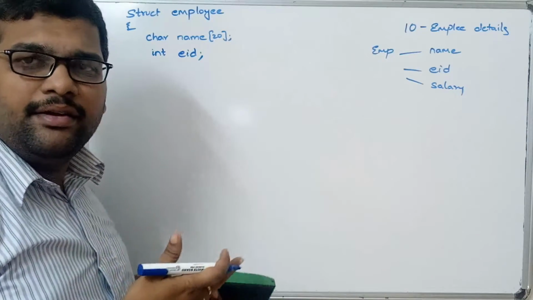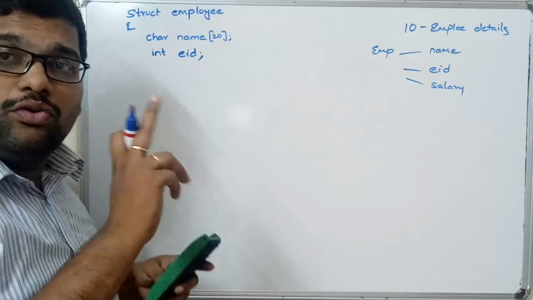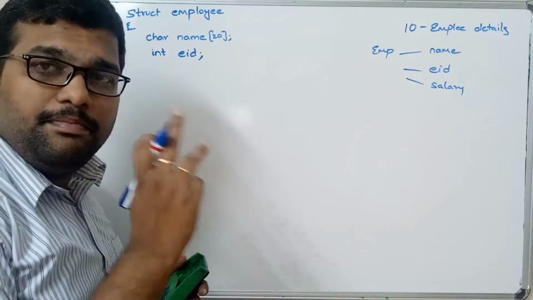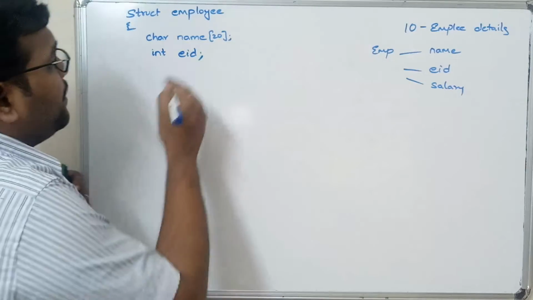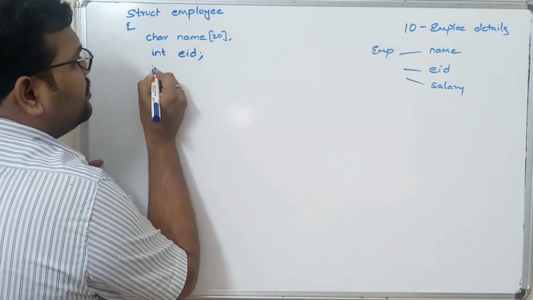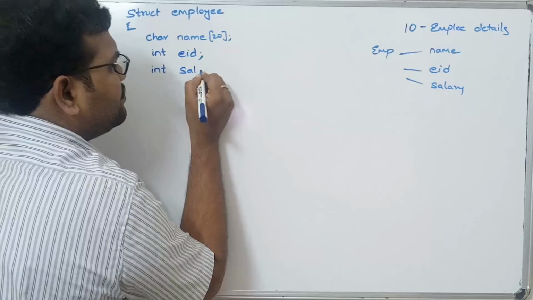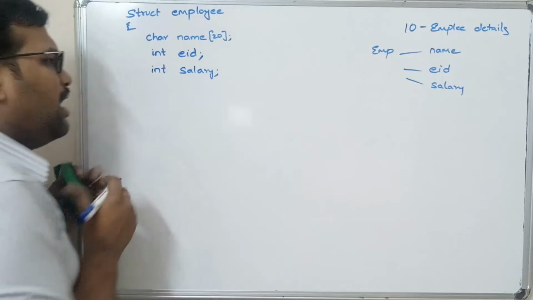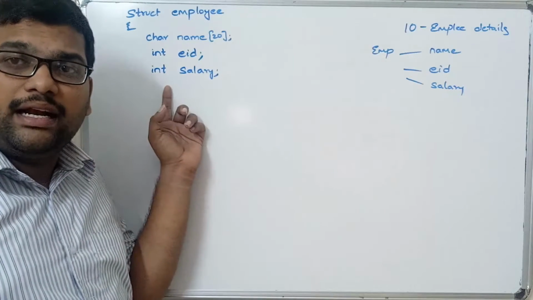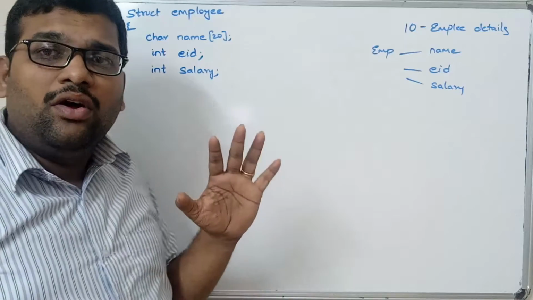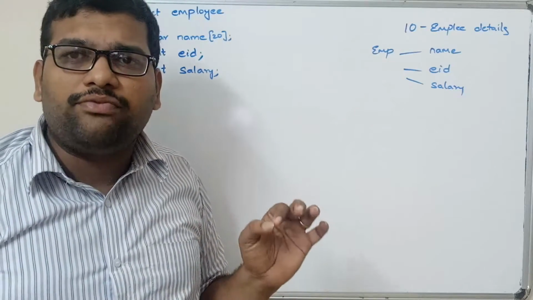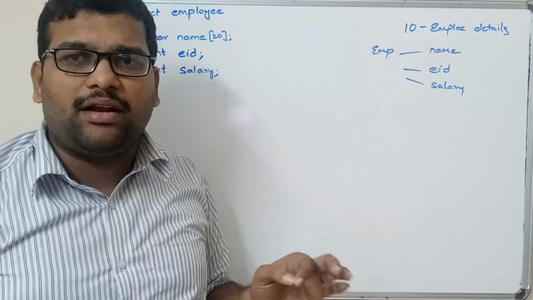We can write anything, but we have to follow the rules which we have seen in the beginning sessions. Then salary. I have declared the salary with the data type int, so it can have a maximum value of 32,767.